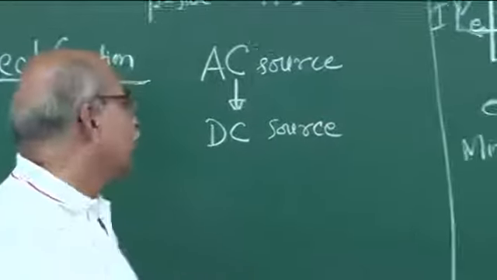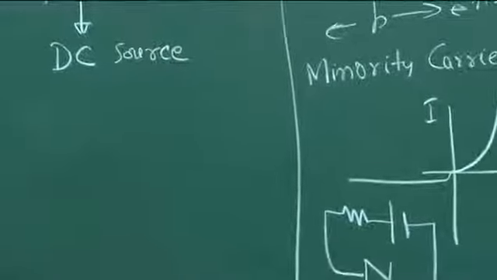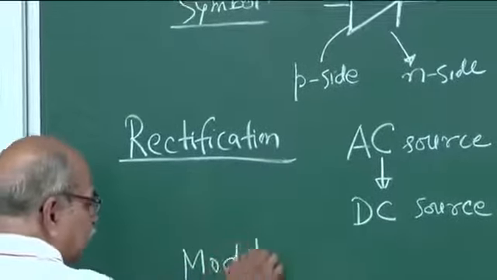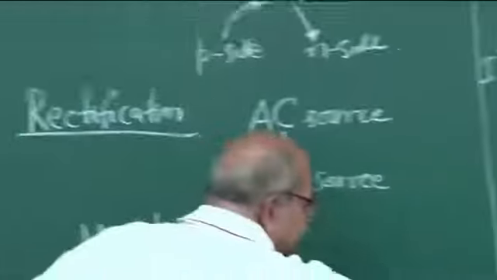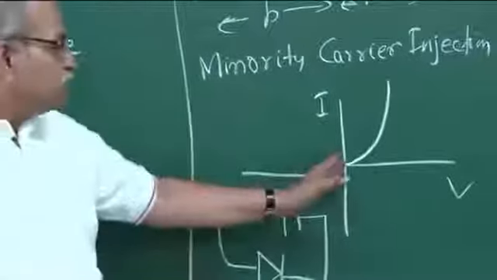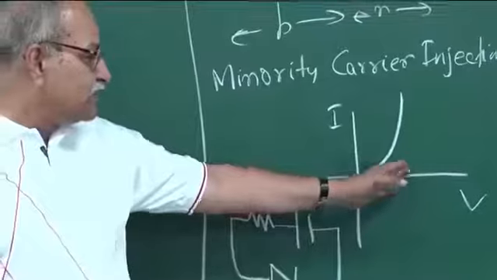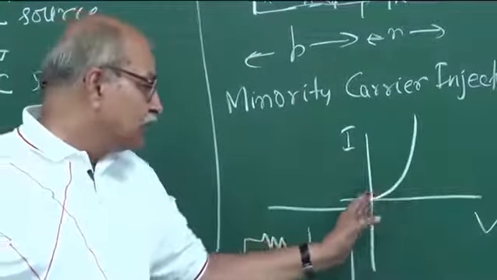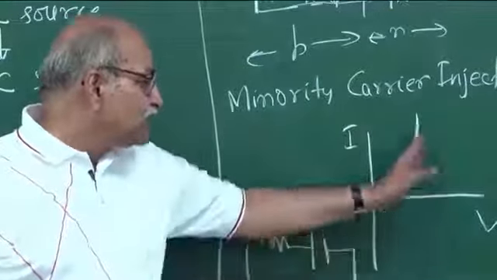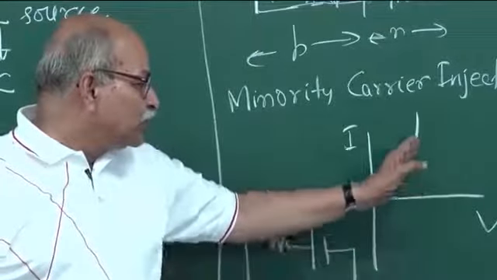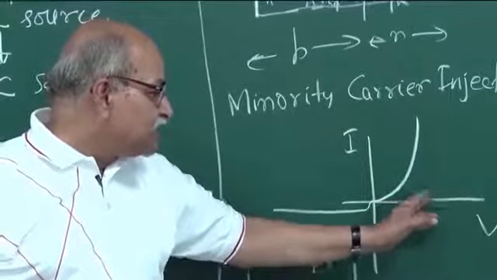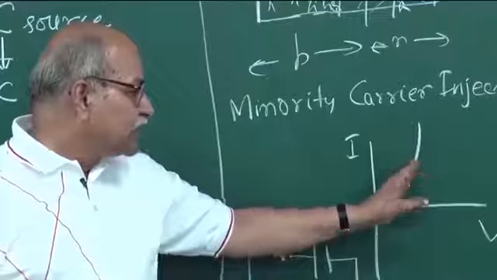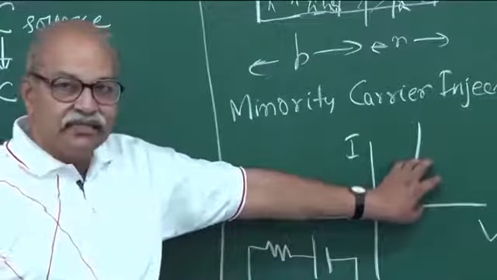So that making DC voltage from AC voltage is known as rectification, and using this diode, the basic element of rectification, you can obtain it. But for that I will take a model, or I will model this diode, this IV characteristics. In the forward biased condition, you see that you have large current, at least after some few tenth of a volt, you have large current. So a slight change in voltage gives large change in I. You can say that the resistance here is very small.